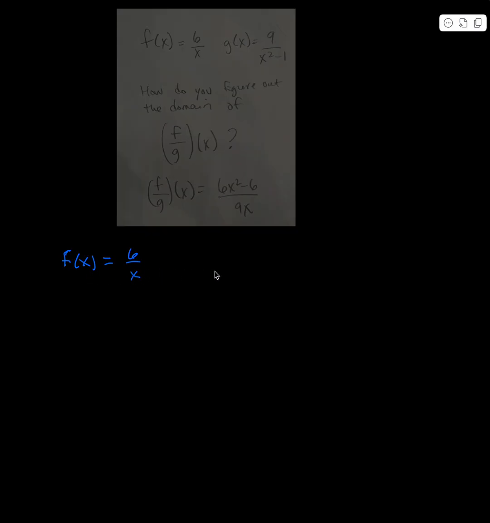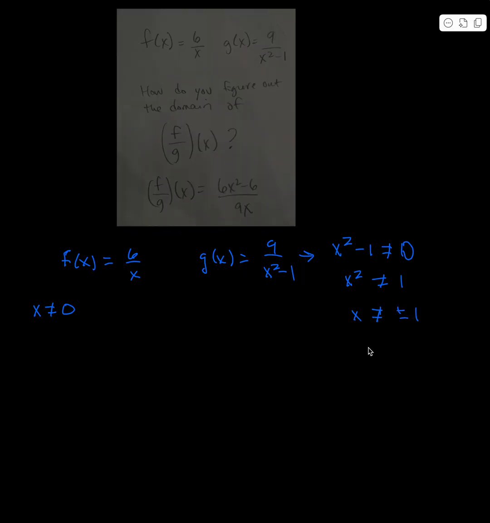So f of x is equal to 6 over x, and g of x is equal to 9 over x squared minus 1. For both of them, we have restrictions on their individual domains. x cannot equal 0 for f of x. And x squared minus 1 cannot equal 0. We add 1 to both sides. x squared cannot equal positive 1, so x cannot equal plus or minus 1.